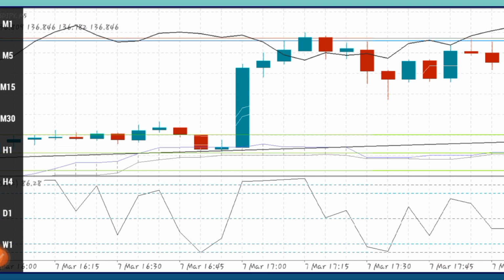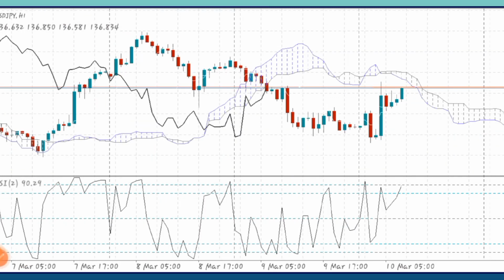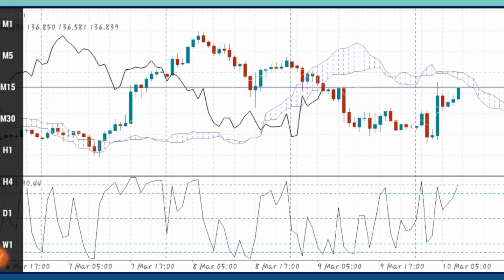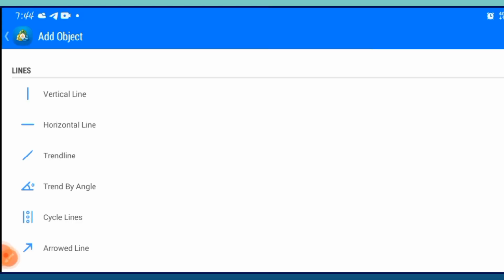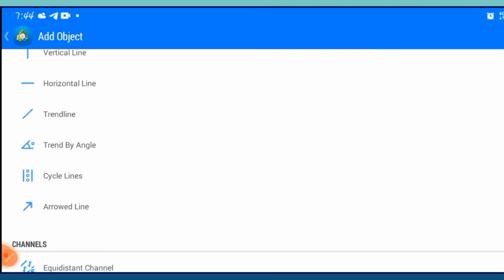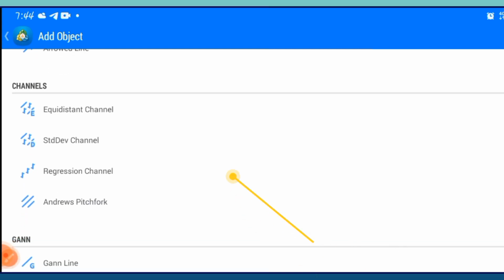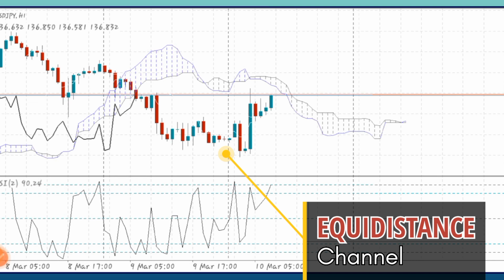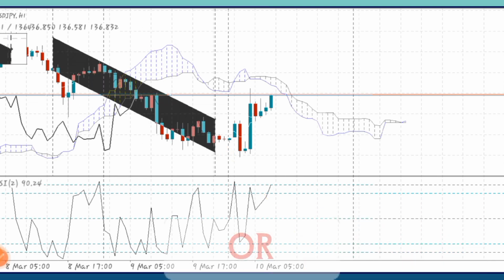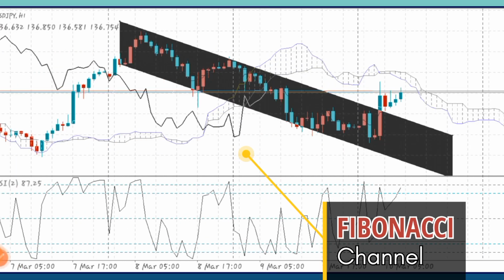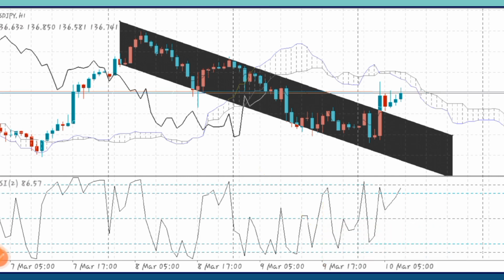So let's go to 1 hour time frame. Now this chart is on 1 hour time frame. If you look at this using Fibonacci channel, you can see that this was a downtrend.